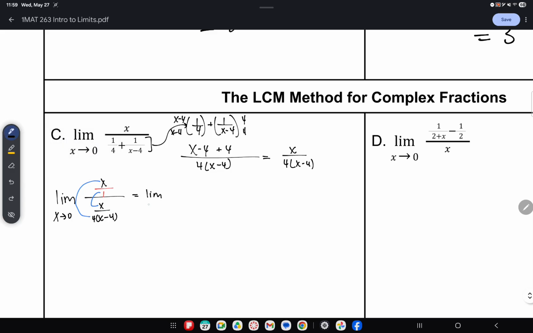So I'd have the limit as x approaches 0 of big C, which is 4 times x minus 4, over little c, which is x times 1. And then I could cancel out those x's and get the limit as x approaches 0 of 4 times x minus 4 and do a direct substitution, right? And we'd have 4 times 0 minus 4, which is negative 16.